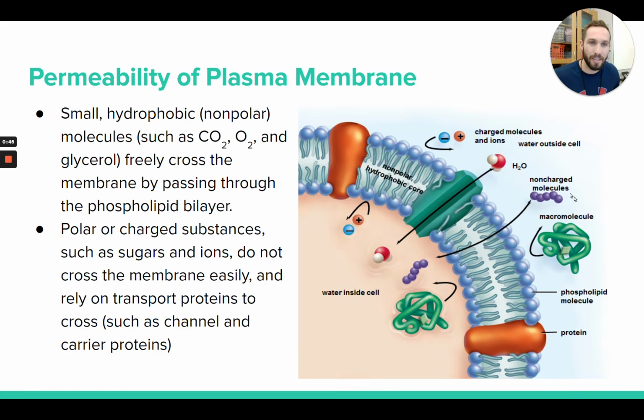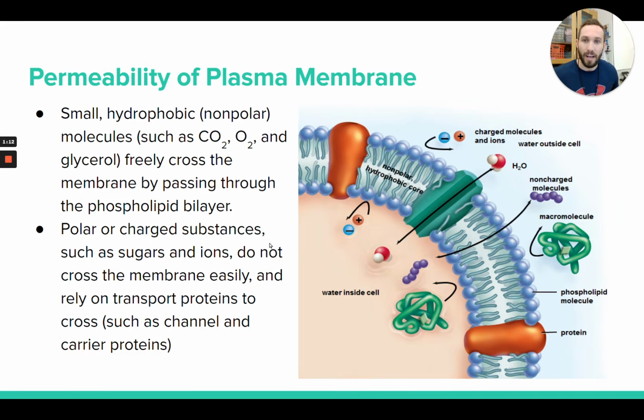Like this one right here, it's a nonpolar hydrophobic molecule. Molecules like that can just squeeze their way through the phospholipids to get to the other side. Those can move freely in and out of the cell if they're nonpolar or hydrophobic.